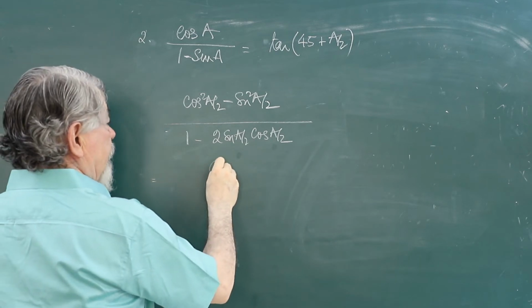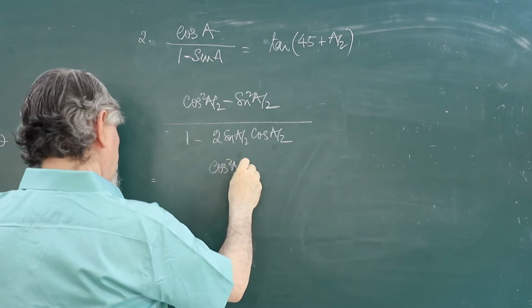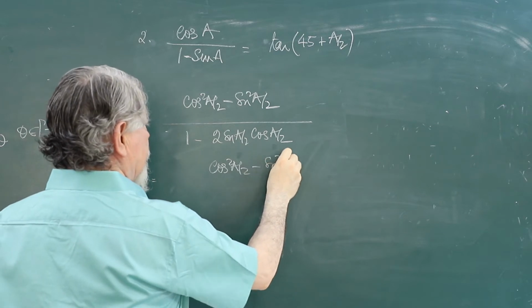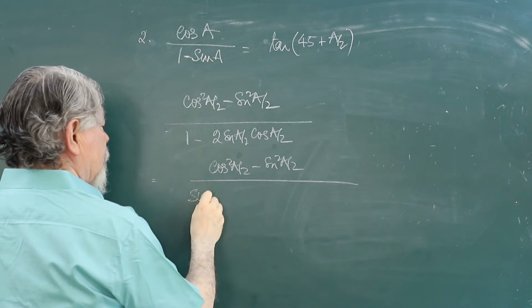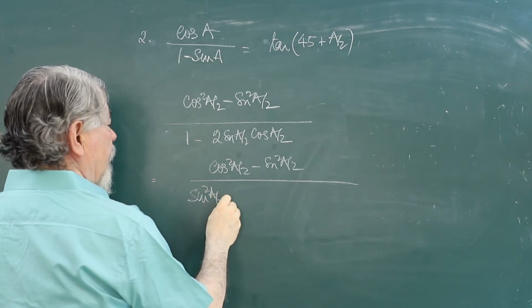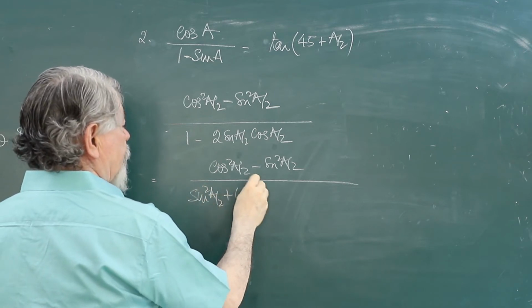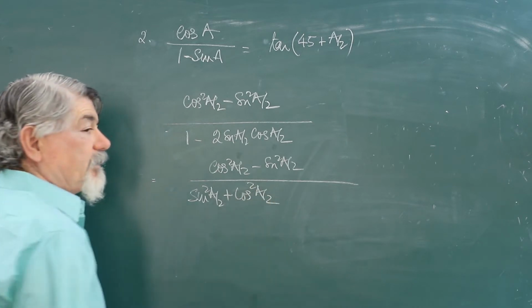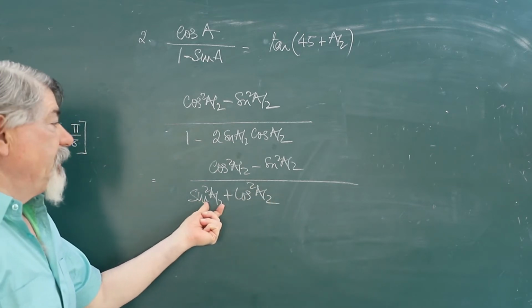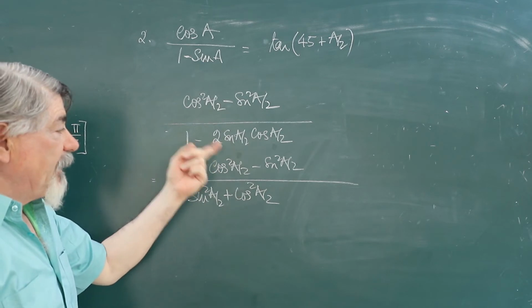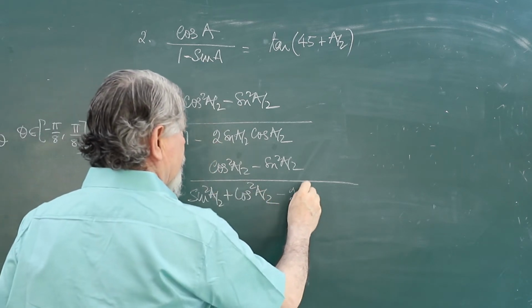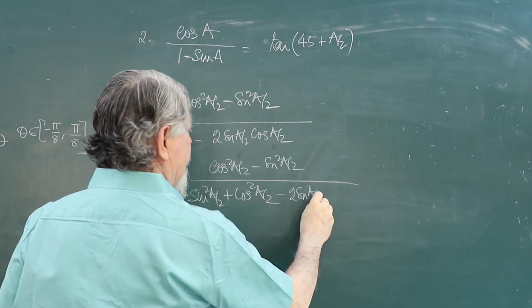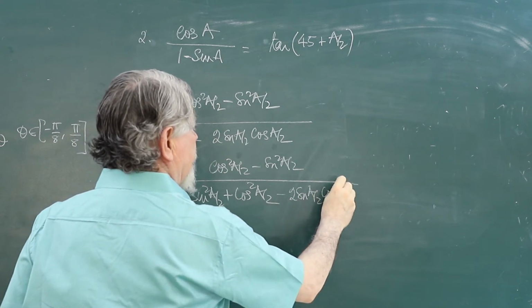Now, cos square A by 2 minus sin square A by 2, and 1 I can write as sin square A by 2 plus cos square A by 2. Sin square theta plus cos square theta is 1; theta could be anything, here it is A by 2. Why it is written as A by 2, I'll tell you just now. Minus 2 sin A by 2 cos A by 2.